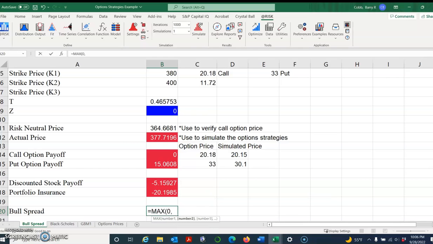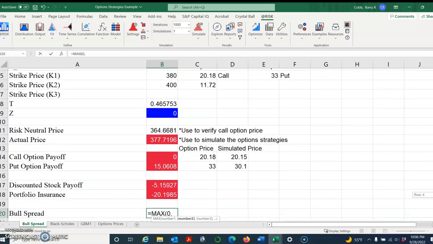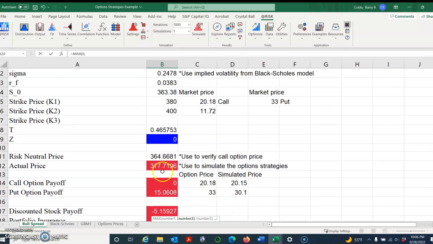And the call option payoff will be the future stock price, we're going to use the actual price, minus the strike price of 380. Now, anytime we value the option, we discount it at the risk-free rate for the time to expiration of the option.